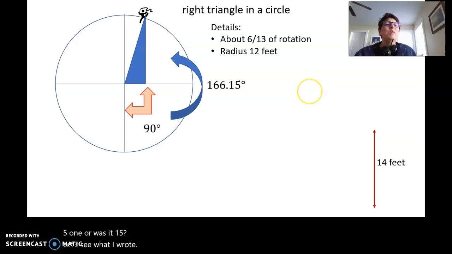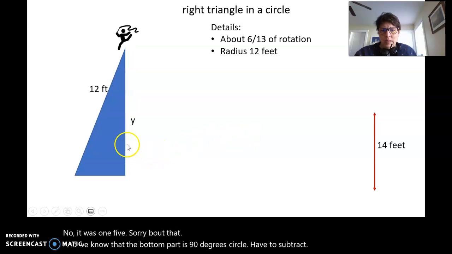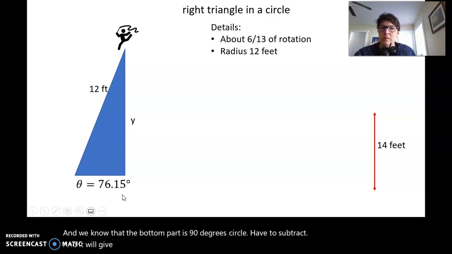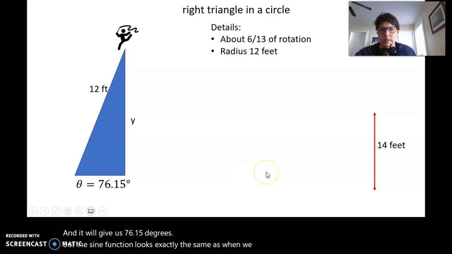No, it was 15. Sorry about that. And we know that the bottom part is 90 degrees, so we're going to have to subtract. And it will give us 76.15 degrees. But the sine function looks exactly the same as when we did it before.